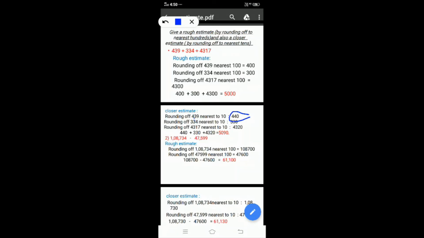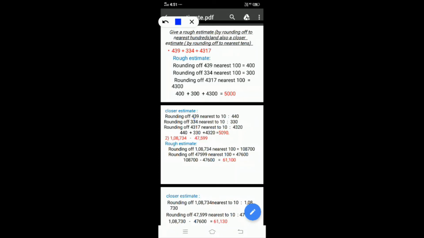Now rounding off 334 to the nearest 10. Again, for the nearest tens, you have to compare the ones place number with 5. Again 4 is less than 5, which means there is no change in the tens place and the number becomes 330.